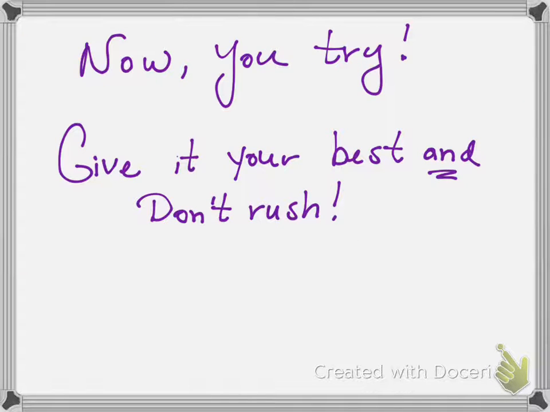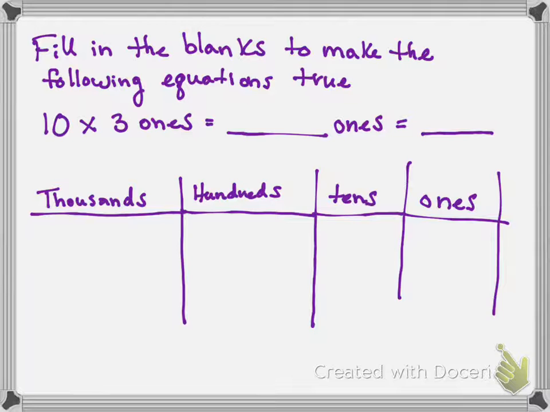All right, now you try. Give it your best and don't rush. In the following problems, I want you to fill in the blanks to make the following equations true. And on a separate piece of paper, I would like you to create those place value charts and model those equations. 10 times 3 ones is equal to blank ones, which is equal to blank.